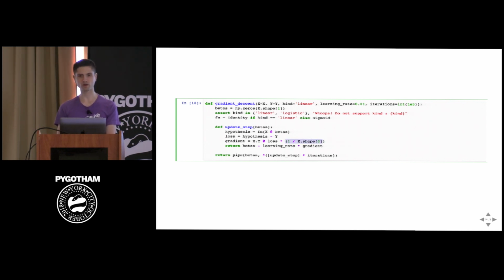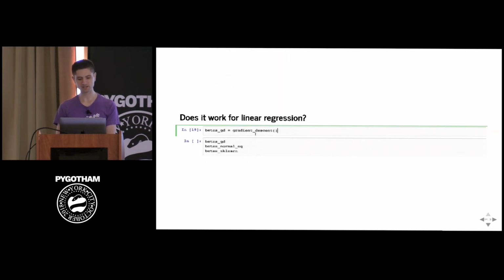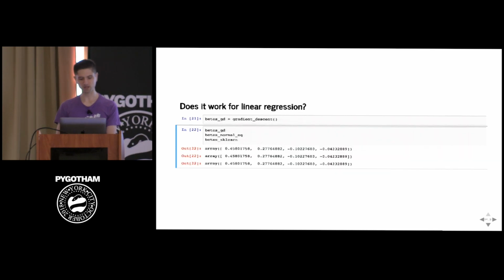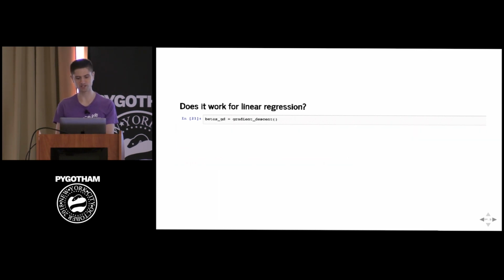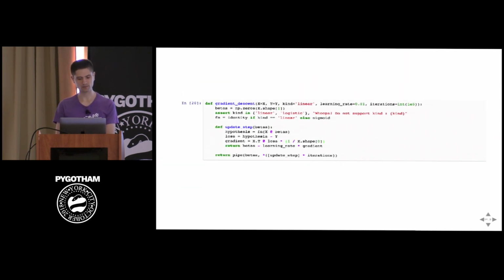This isn't too important, but we'll divide by m, the length of the design matrix. This is just a normalizing factor. And now we can check. And we see, sure enough, that these gradient descent betas are exactly the same as the betas returned by the normal equation and Scikit. So that's all it really took.